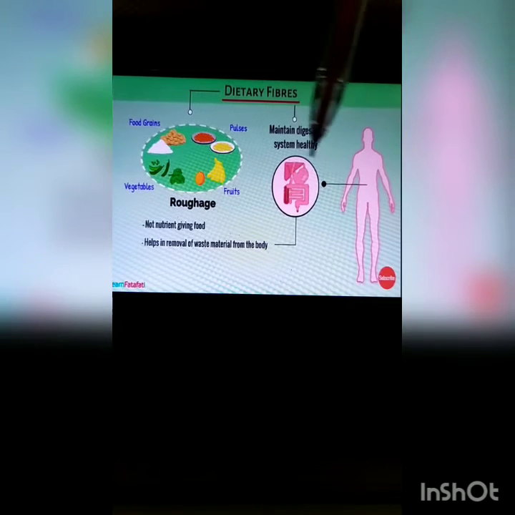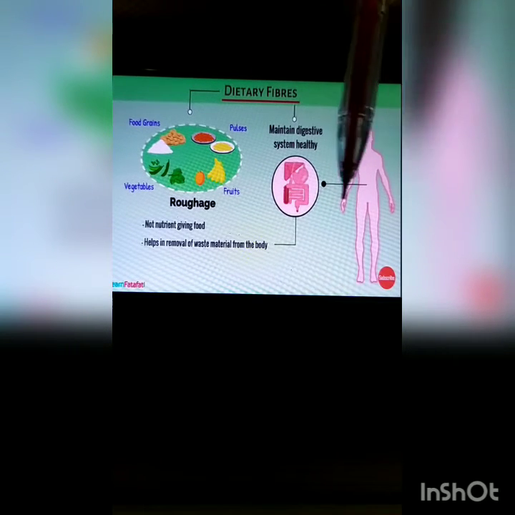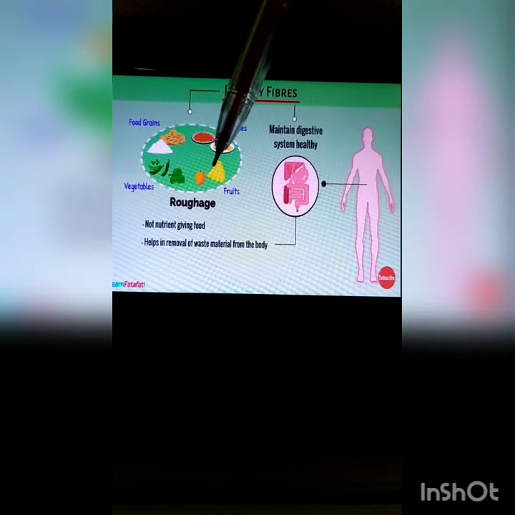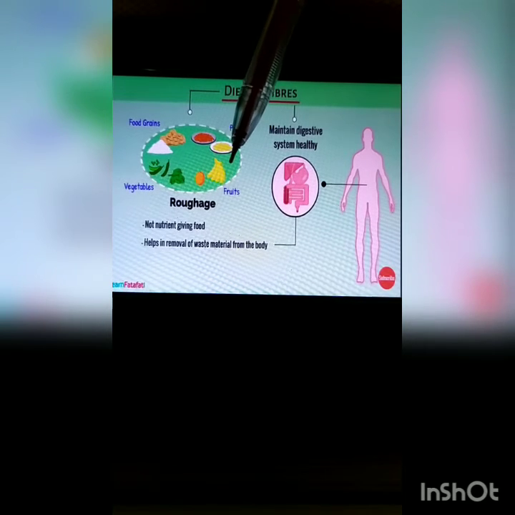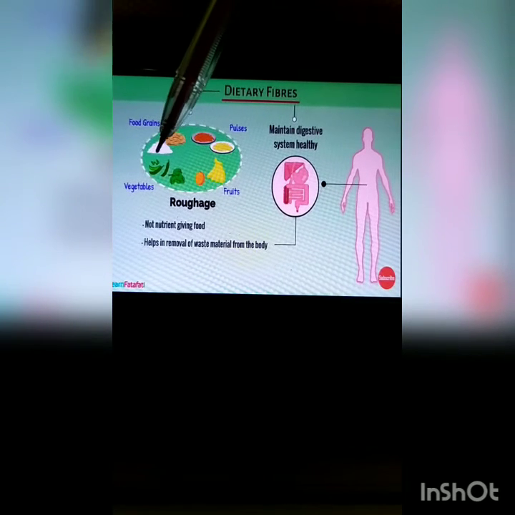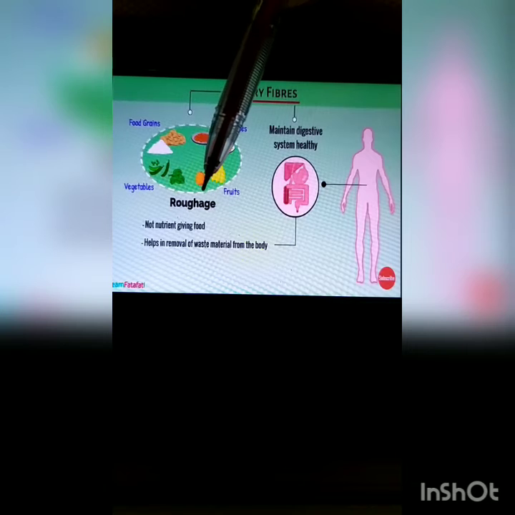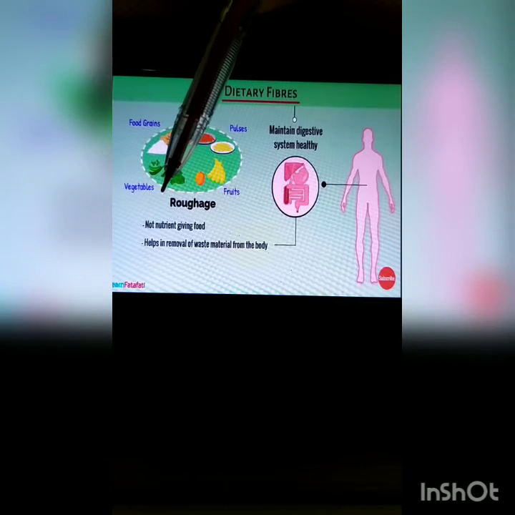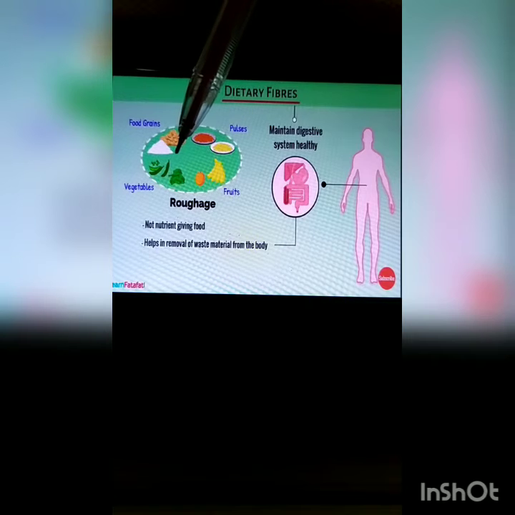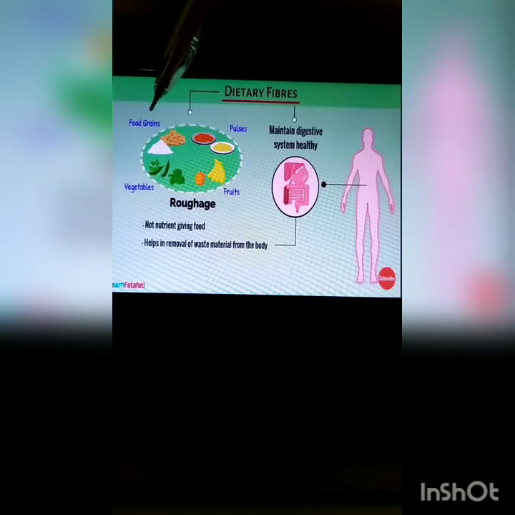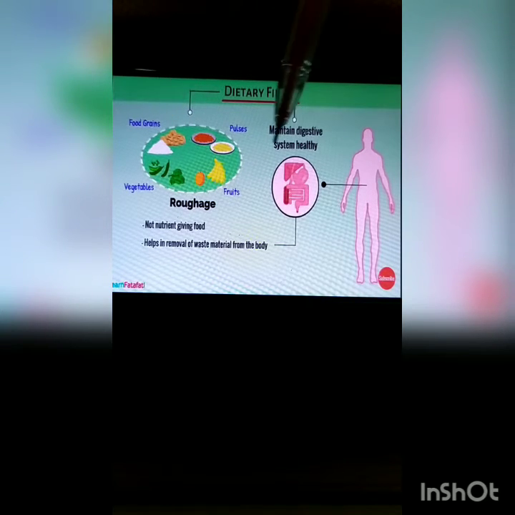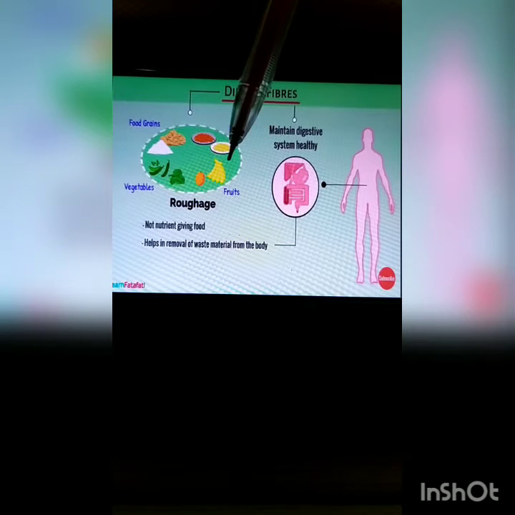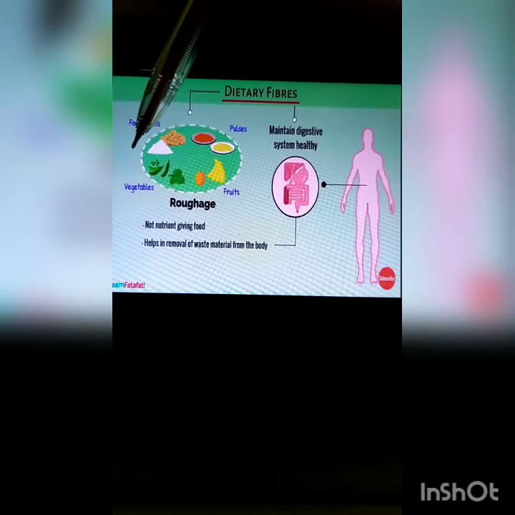Now besides all these nutrients, our body needs dietary fibers and water. Dietary fibers are also known as roughage. Roughage is mainly provided by the plant products in our food, that is food grains, whole grains, pulses, potatoes, fresh fruits, then vegetables.